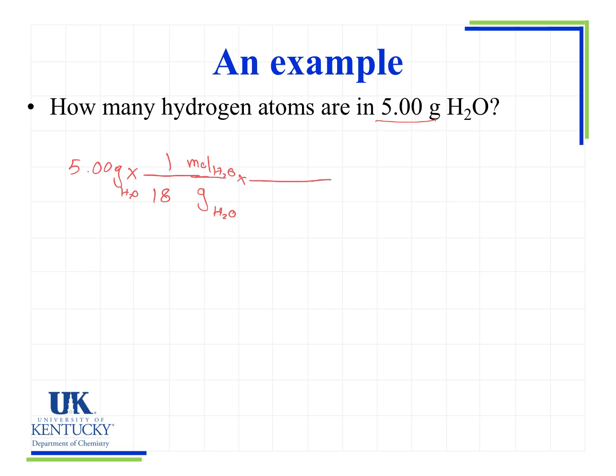Then from mole, we can see how many do we have. So it's mole of H2O. Remember, mole is a counting unit, and it matters what unit we are talking about. So I write the subscript H2O because I'm talking about how many H2O I have.